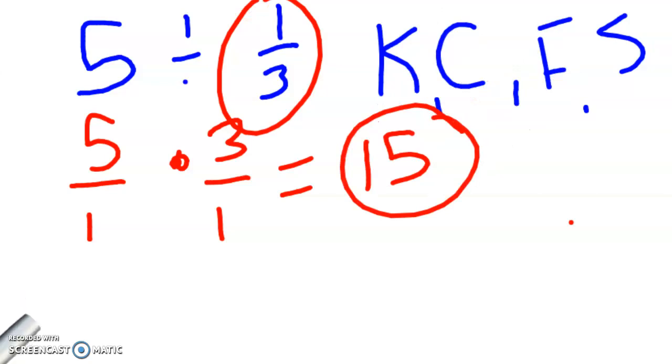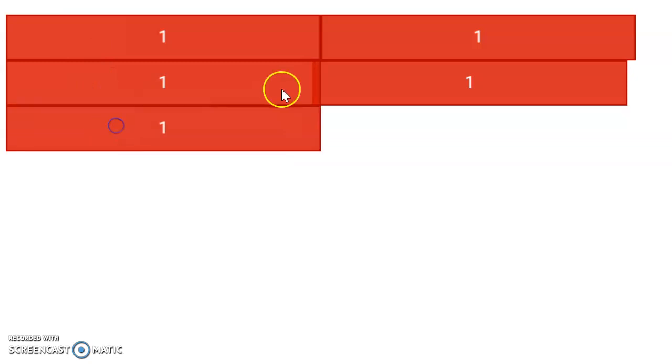Now, what I'm going to do is show you what that would look like if we'd actually done the pieces. So we have 1, 2, 3, 4, 5 whole pieces. Okay, we have 5 whole numbers, and we want to divide it into thirds.